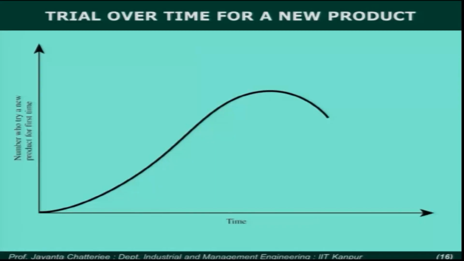I am going to end with this particular graph, and in a subsequent session we are going to take up deeply the different forecasting processes that will apply to this graph.